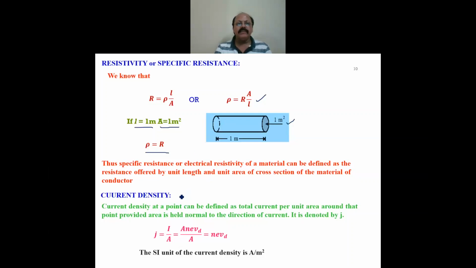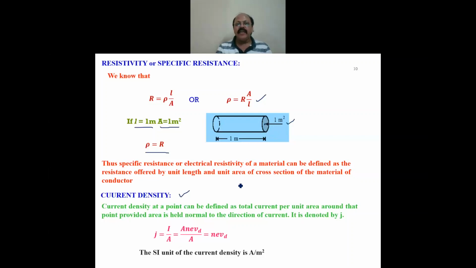First one is current density. Remember, current density we always find at a point. Suppose we say that the point is here. Then the total current around this point, provided area is held perpendicular to the direction of the current, is known as current density.